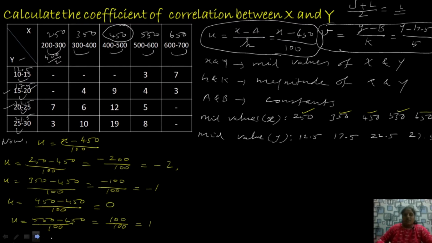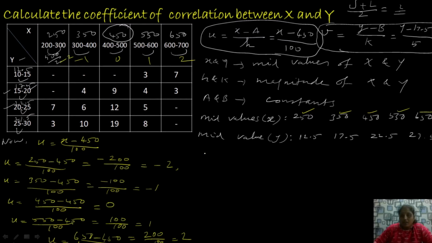So u is equal to (650 minus 450) over 100, that is 200 over 100, that is equal to plus 2. So the values of u are minus 2, minus 1, 0, 1, 2.